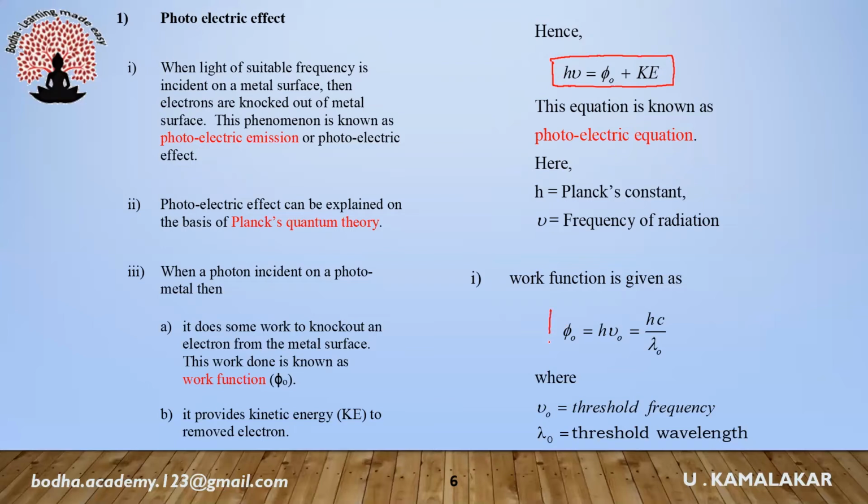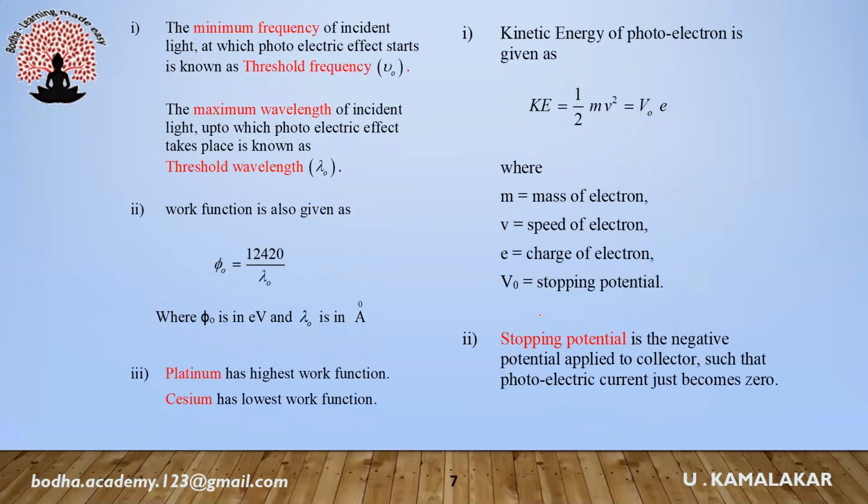Work function is given as hν0 or hc by λ0, where ν0 is threshold frequency and λ0 is threshold wavelength. The minimum frequency of incident light at which photoelectric effect starts is known as threshold frequency.